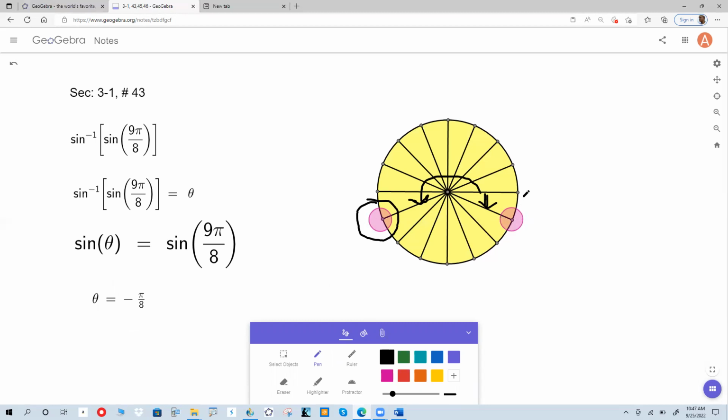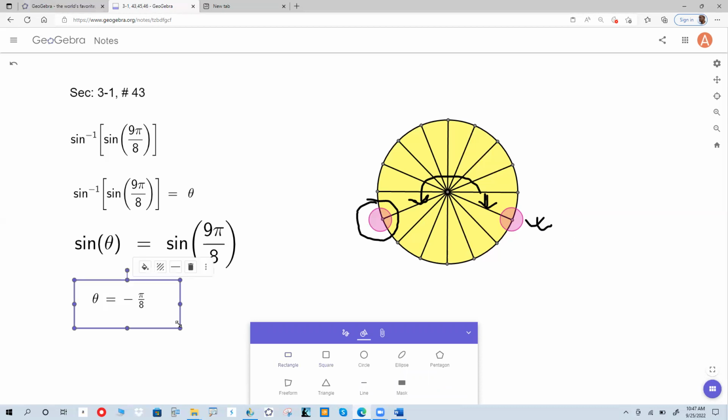And this angle, or this point, is simply negative pi over 8, and that's your answer. Hope that makes sense.